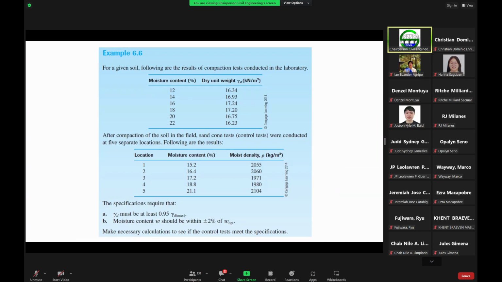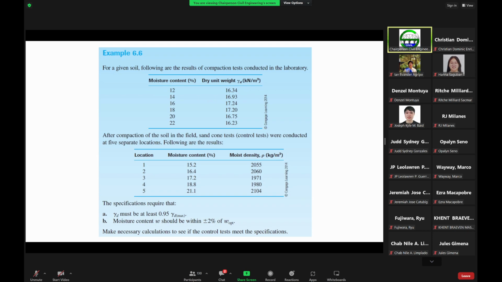Now, the specifications require that the field dry unit weight must be at least 95% of the maximum dry unit weight as derived from the lab. And the moisture content for that specification should be within plus or minus 2% of the optimum moisture content.